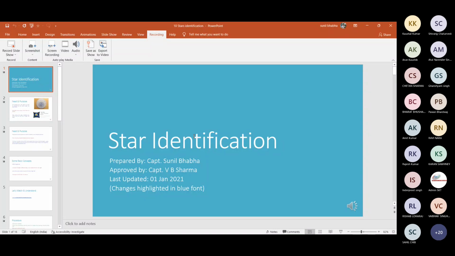So let's move into the topic of star identification. First, we will see what this topic actually is. What is the need of identifying the stars? And then we will see how we can use the concept of the rational horizon diagram or the PZX triangle to identify them. So let's continue.